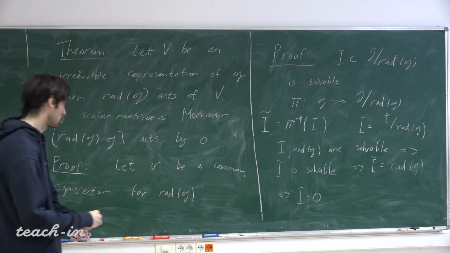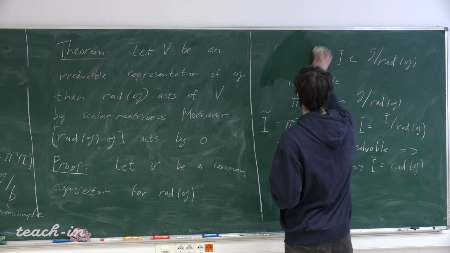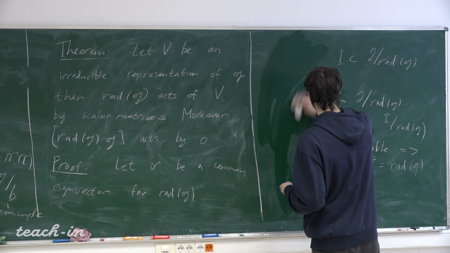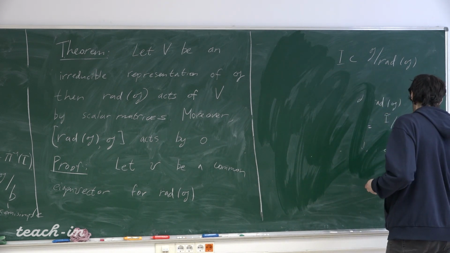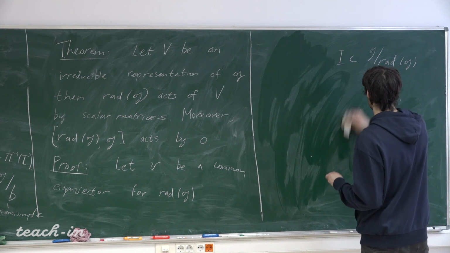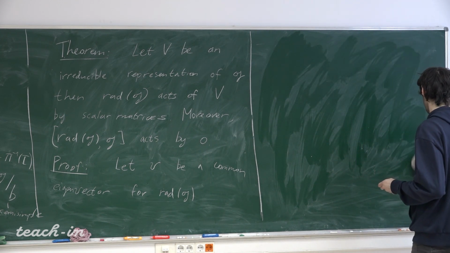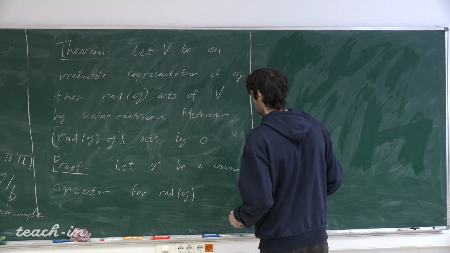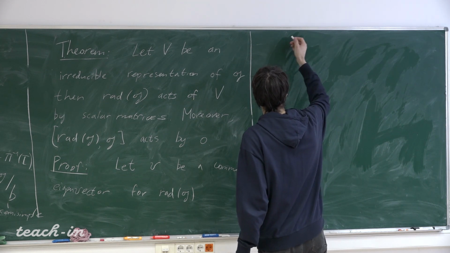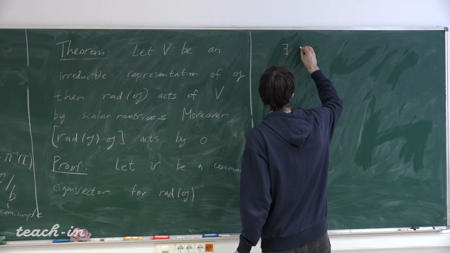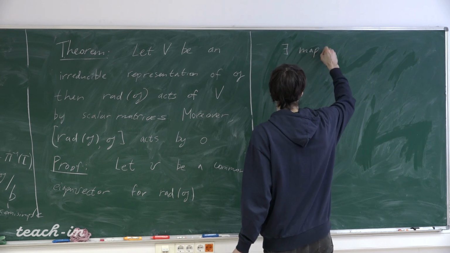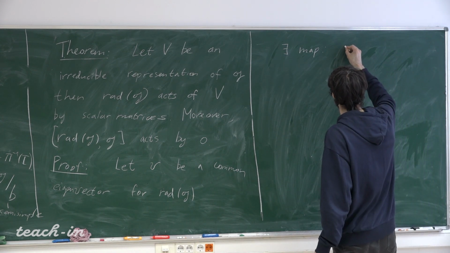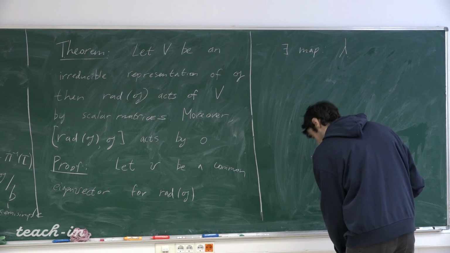In formulas, it just means that there exists some map, which is actually linear. Let's call this map lambda.